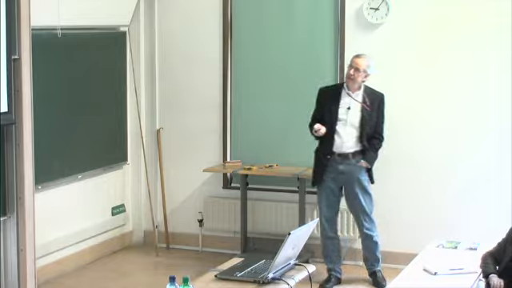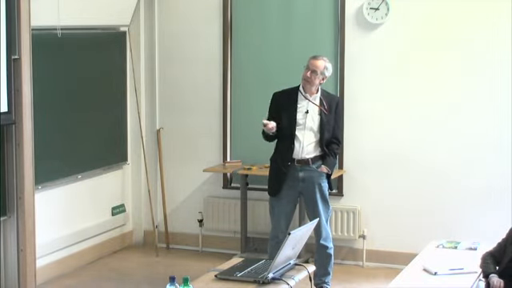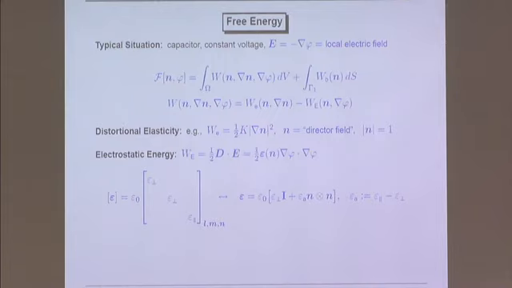And then the electrostatic energy is 1/2 the displacement vector dotted with E. In this regime, this is just some dielectric tensor that depends upon N times the grad of the electric potential, dotted with the grad of the electric potential.